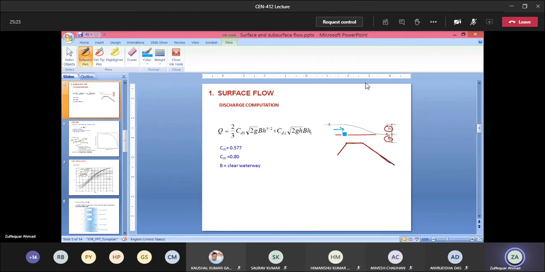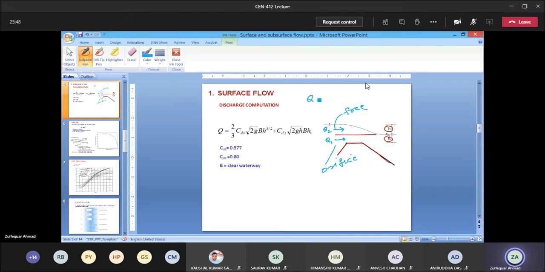This part is the free flow, and this other part is an orifice type of flow. Then the total discharge passing through is split: this one is the discharge Q1 and this is the discharge Q2.